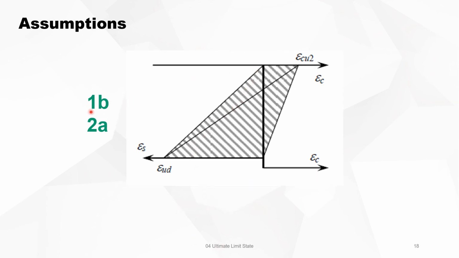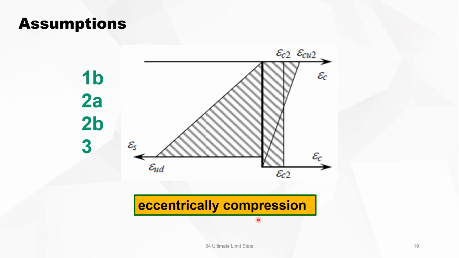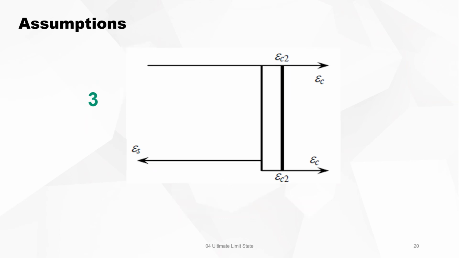These areas 1B and 2A are just simple bending. Then you can have areas 1B, 2A, 2B and 3, which is eccentric compression. This is bending moment and normal force together in different relationships with each other.